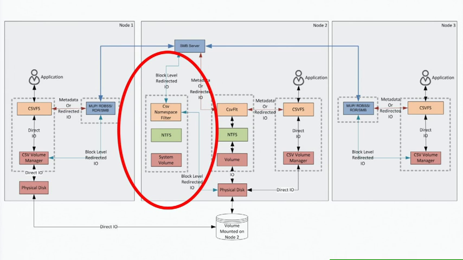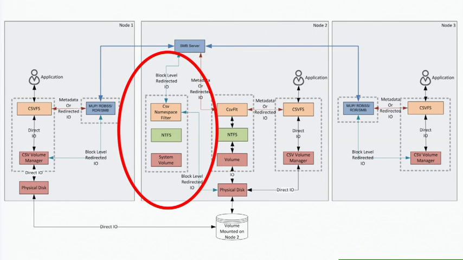Okay, so we come down the pseudo file system stack. As you can see, the third node does not have connectivity to the storage. So we'll walk down the CSVFS stack on node 3. We are going to determine that we do not have connectivity to the storage.